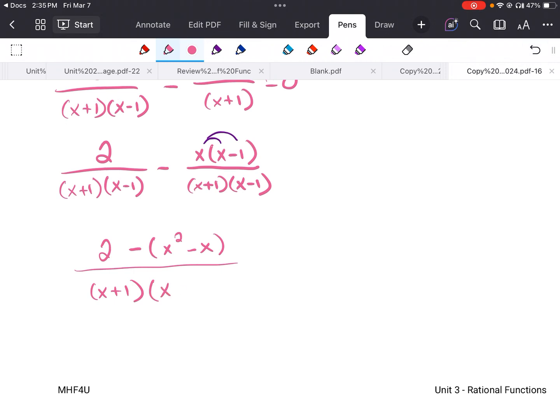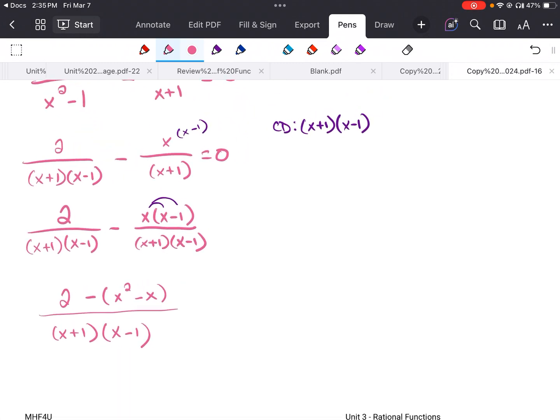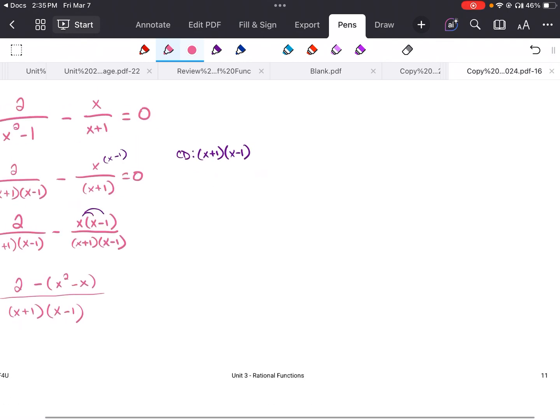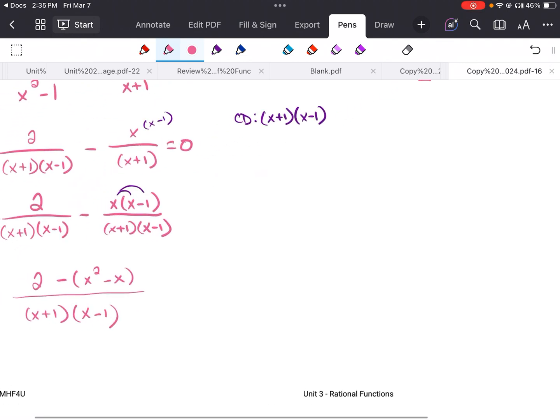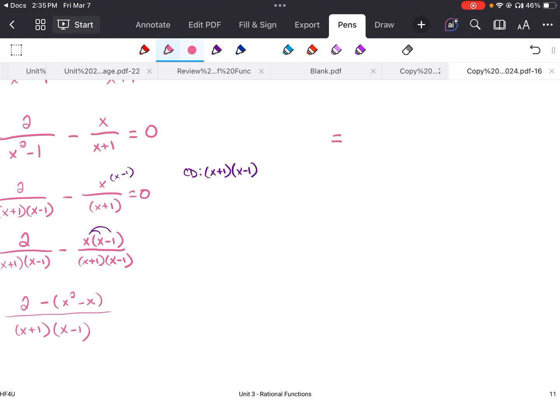When we do the actual adding or subtracting, like the step we're at now, you can just make it one fraction with that common denominator. Okay, so let's move over here. And we're going to simplify the numerator, so we have a negative x squared.